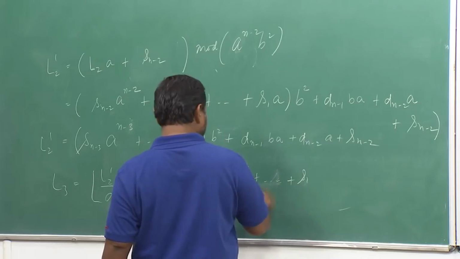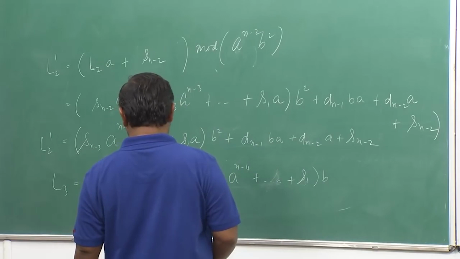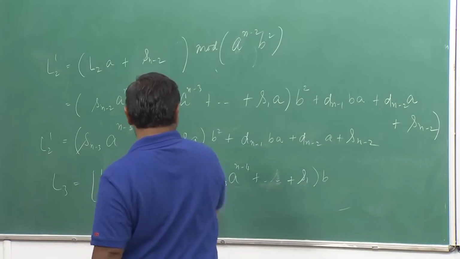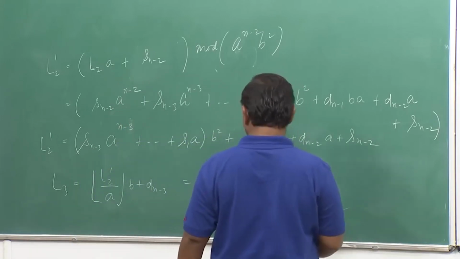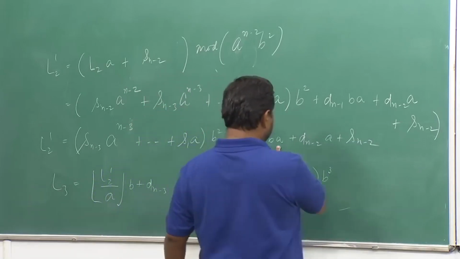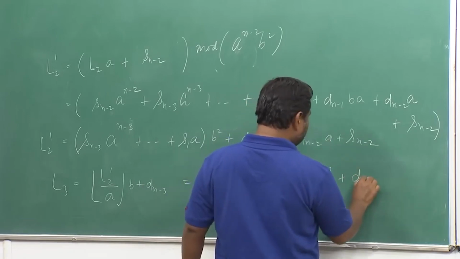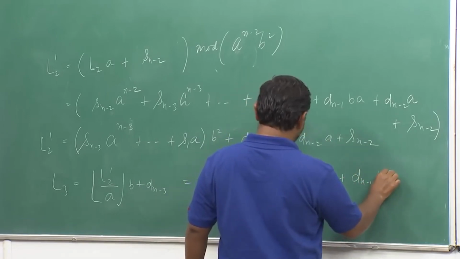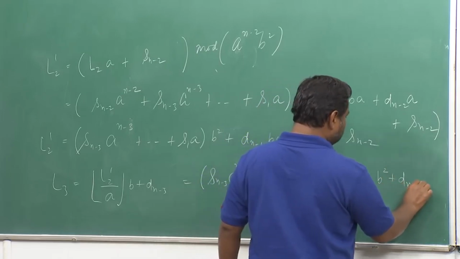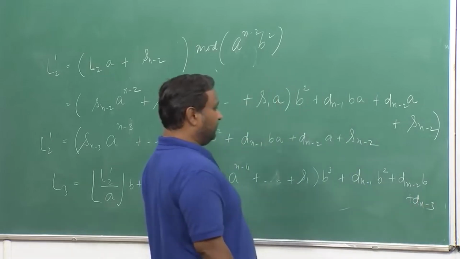S1 into B, it has to be B cube now, plus the A's will be going out. I will have d of n minus 1 b square plus d of n minus 2 b plus d of n minus 3.